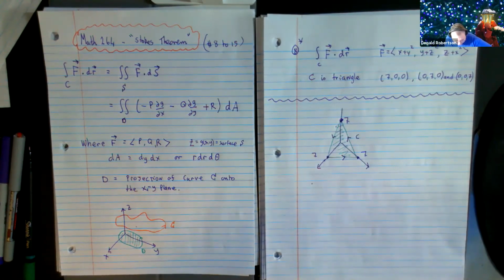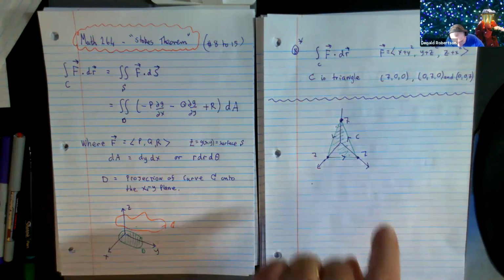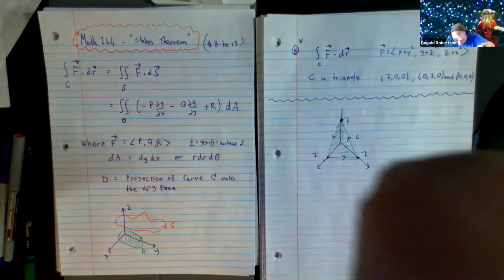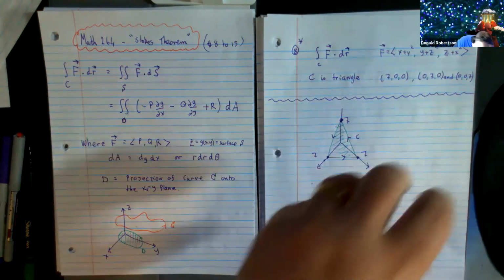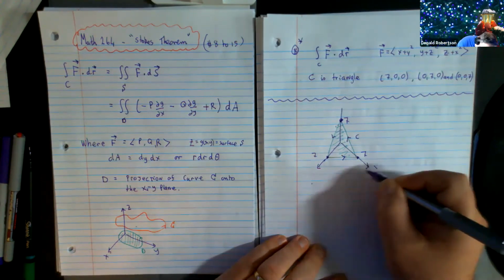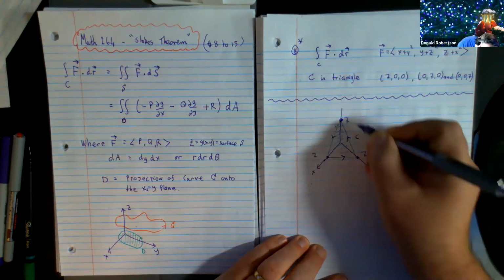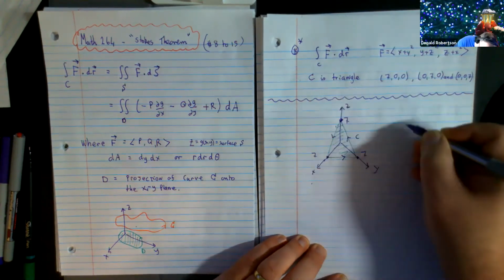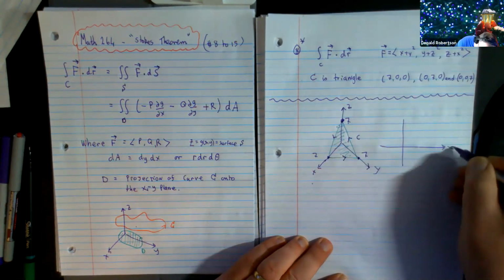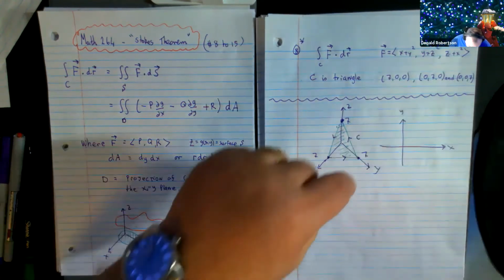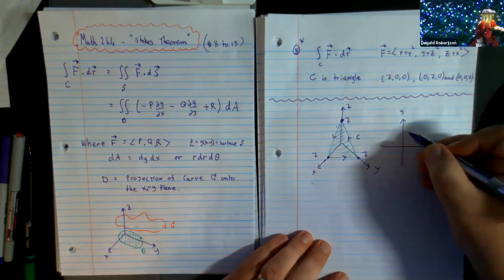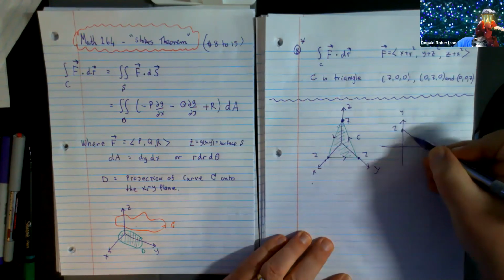So what do I need from that information? I need to know what this guy looks like when you project it onto the floor. Now you can imagine that you've got an X, your Y, and your Z axis. But when you project this thing onto the floor, do you see that you just make a triangle that looks like this?